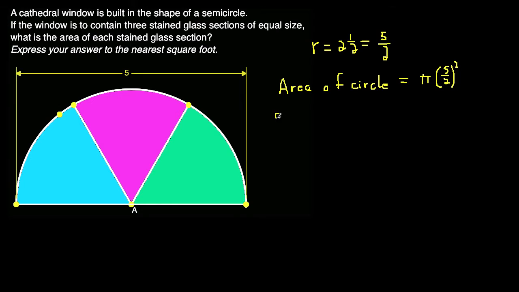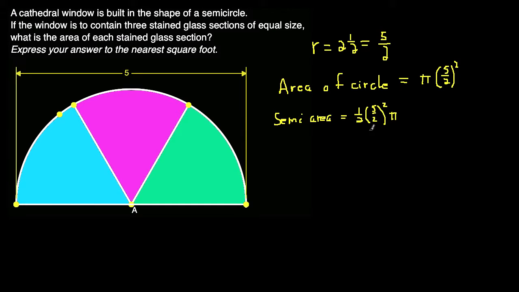So the semicircle area is 1/2 times 5/2 squared times pi.